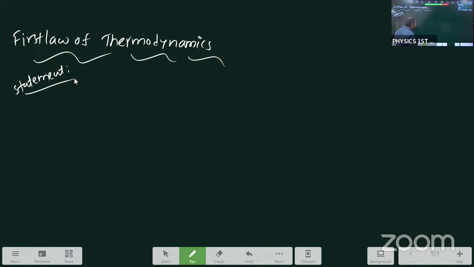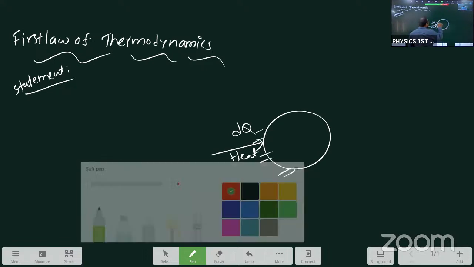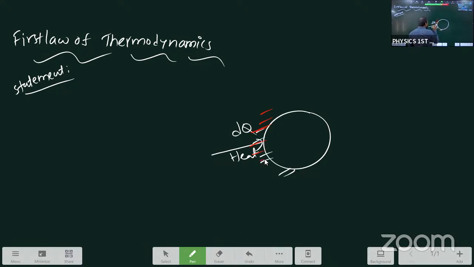Statement. For example, dq is the heat, some amount of heat supplied to the system. This heat is utilized in two ways. One is increasing internal energy.